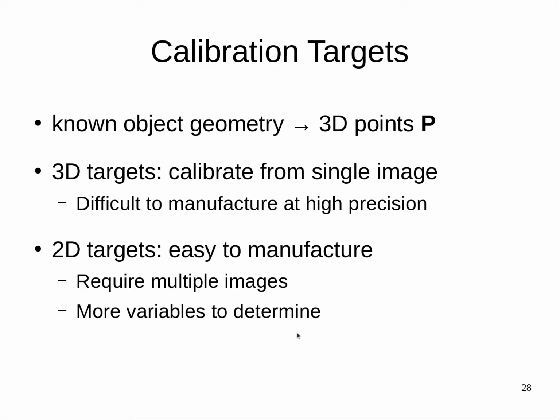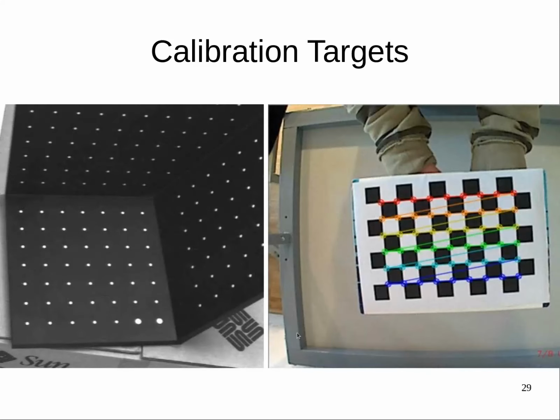So let's take a look at how these targets might look like. On the left, you see a typical 3D calibration target which people used to use. As you see, it's composed of 3 planes which are not attached to each other, but not necessarily at the right angle.